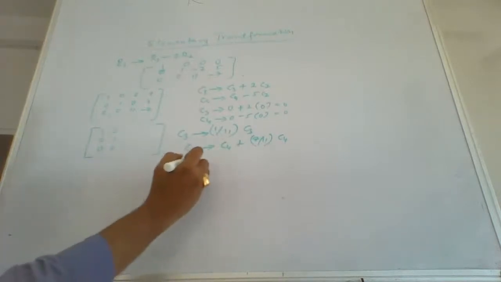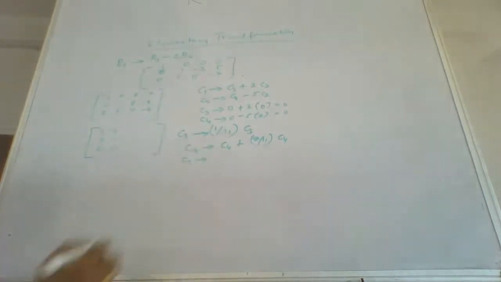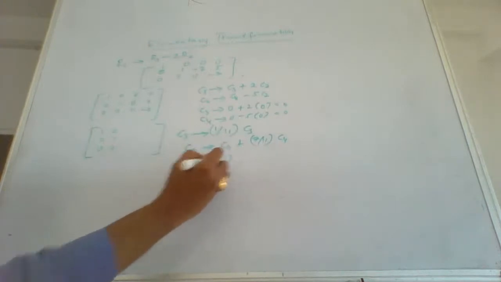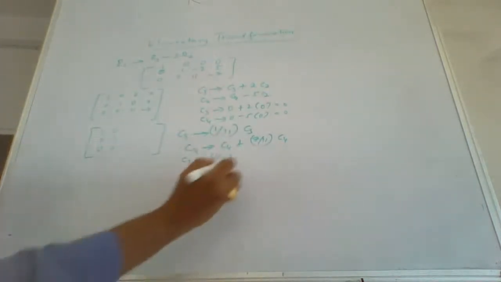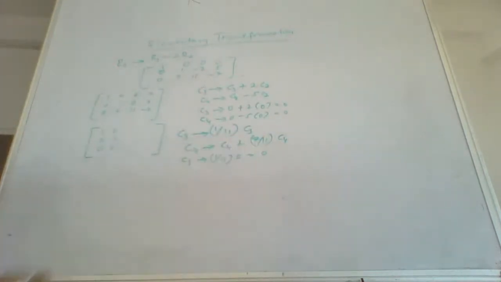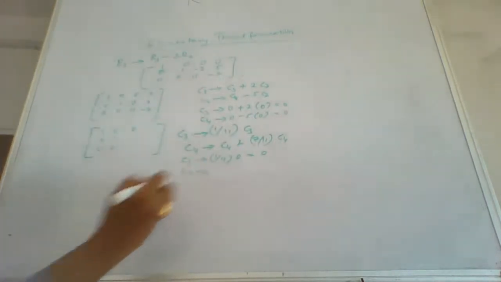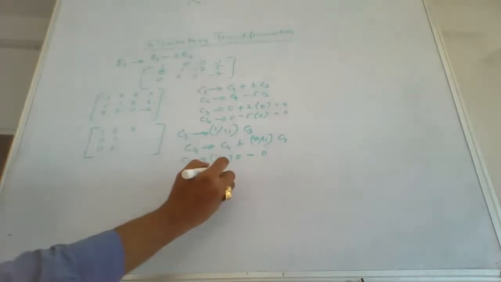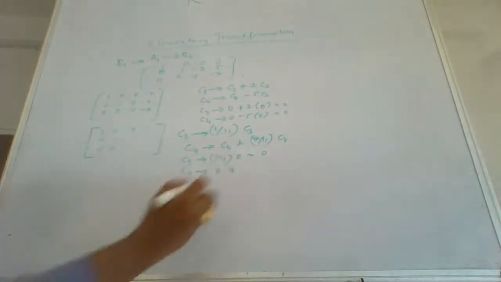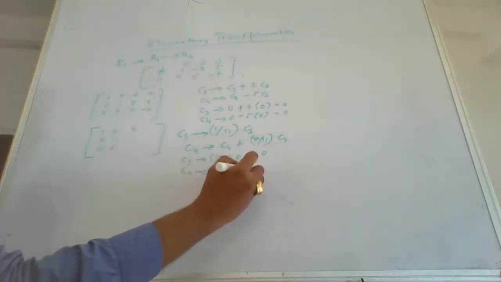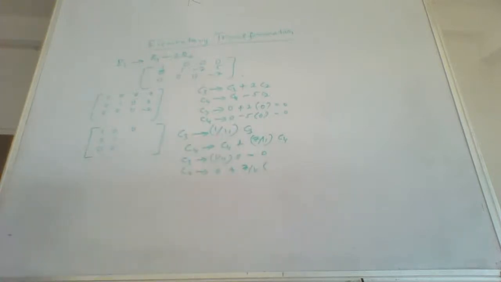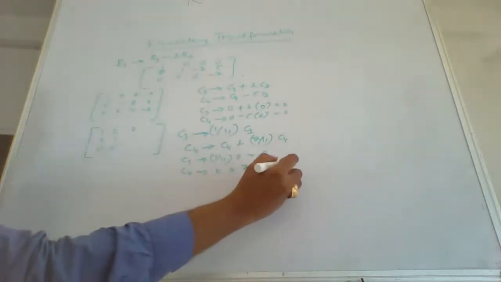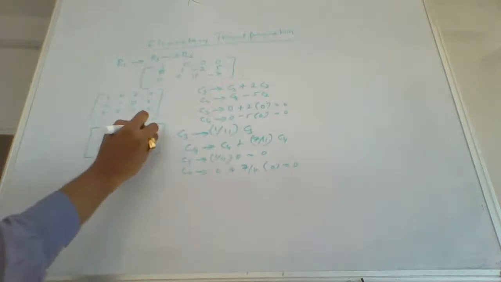Let me do the operations on this. 1 by 11 of column 3, which is 0, which is 0 again. So column 3 is 0. Column 4, which is 0 plus 7 by 11 of column 3, which is 0. So that results in 0.